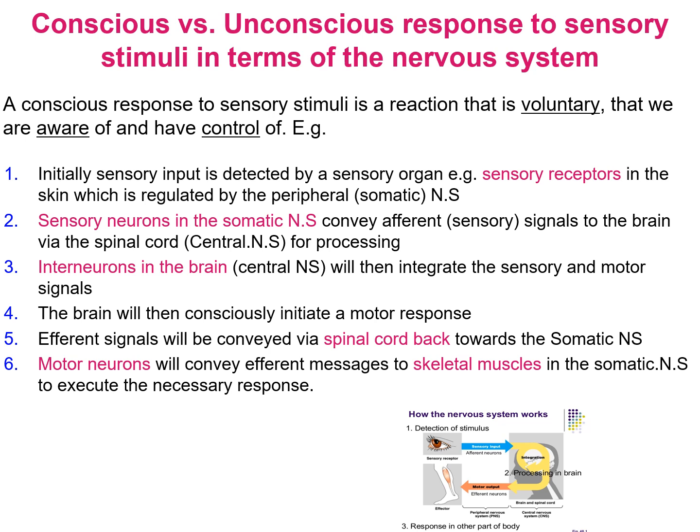So we have sensory neurons, sensory receptors that detect tactile information, for instance. Sensory neurons convey those afferent signals to the brain. The brain will process it. The brain will initiate a response voluntarily, and then an efferent signal will reach a skeletal muscle that's regulated by the somatic nervous system that will trigger the response.